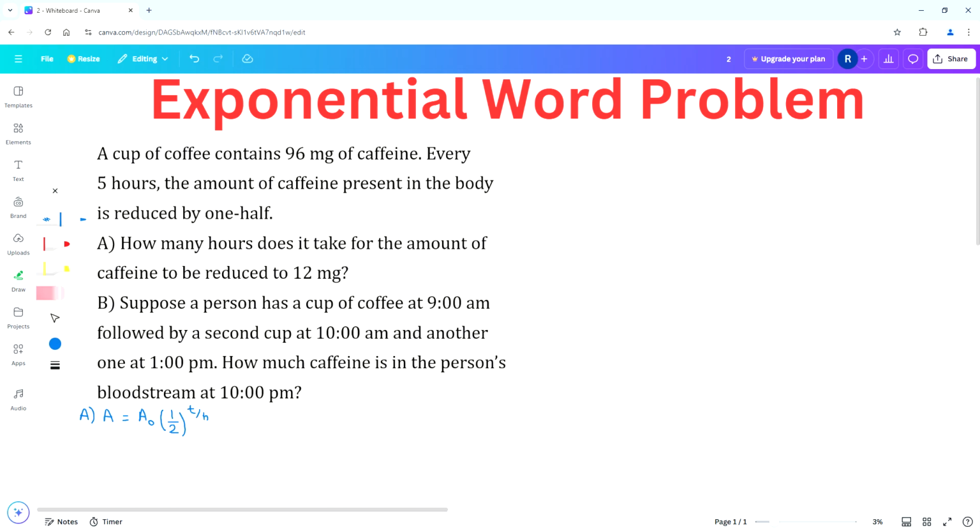In this formula, A represents the final amount, A0 represents the initial amount, T is the time, and H is the half-life. For part A, A0 is equal to 96 mg, the amount of caffeine in a cup of coffee.